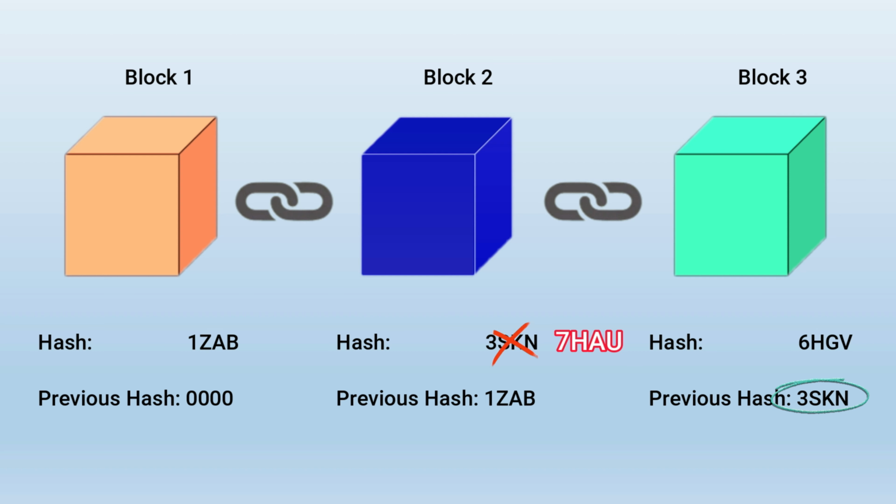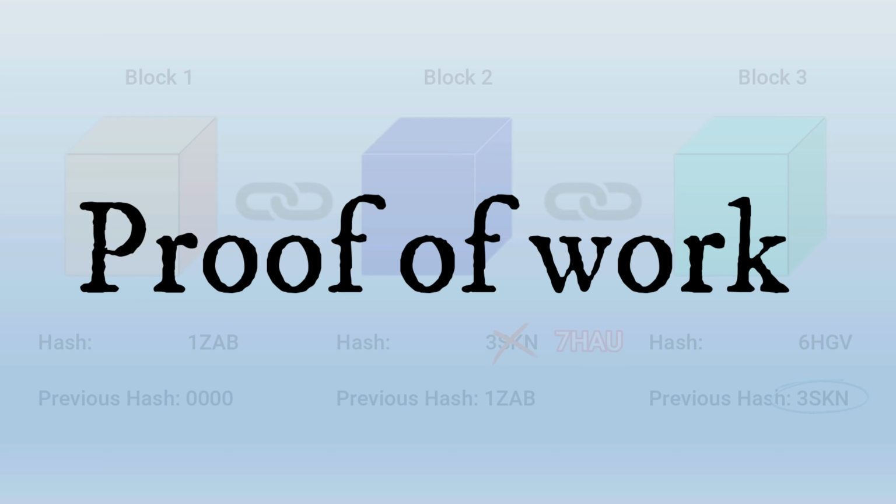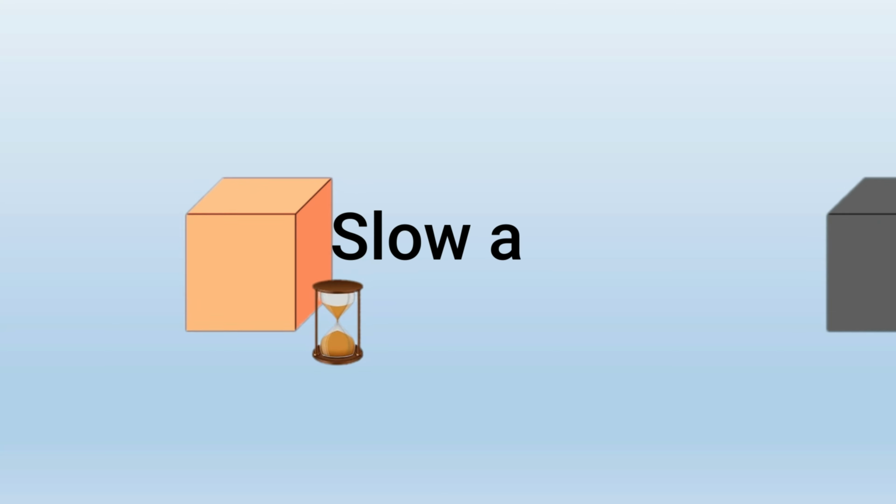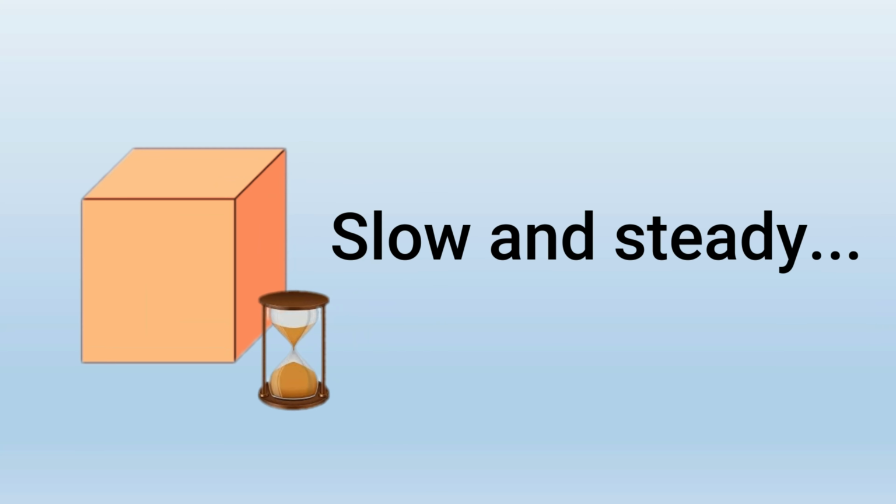But using hashes is not enough to prevent tampering. Computers these days are very fast and can calculate hundreds of thousands of hashes per second. You could effectively tamper with a block and recalculate all the hashes of other blocks to make your blockchain valid again. So, to mitigate this, blockchains have something called proof of work. It's a mechanism that slows down the creation of new blocks.